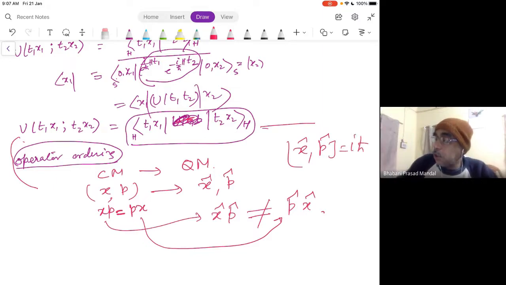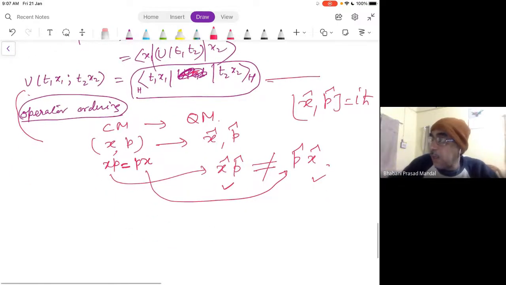So they are not equal. Classically, I have a system xp, and quantum mechanically whether I write this one or this one, there is ambiguity. So we need a convention to order the operators.